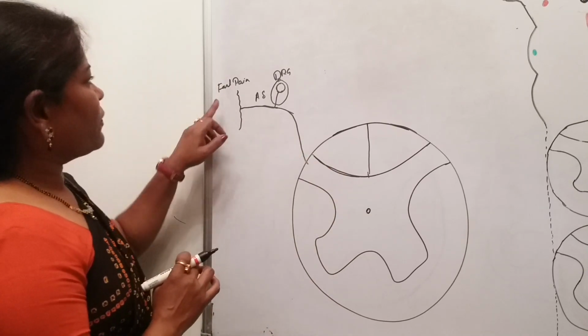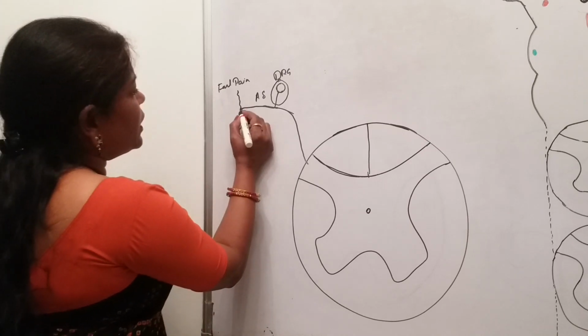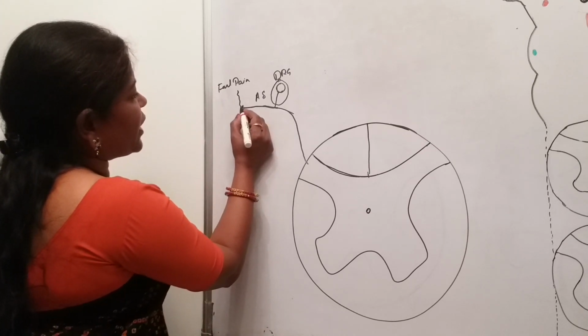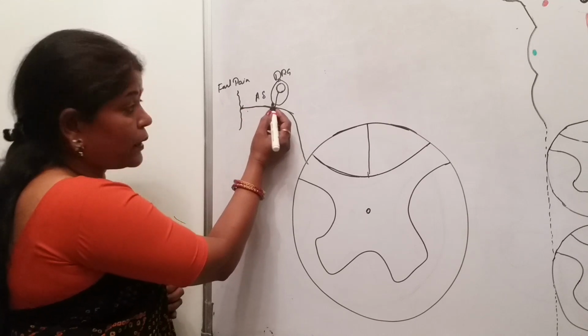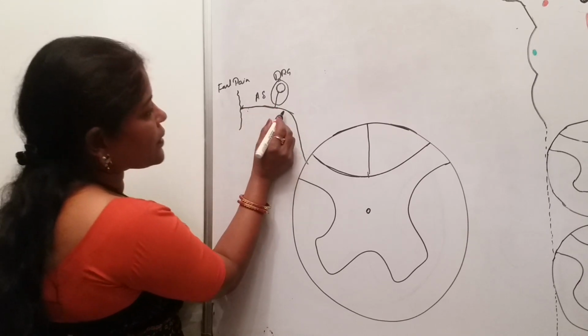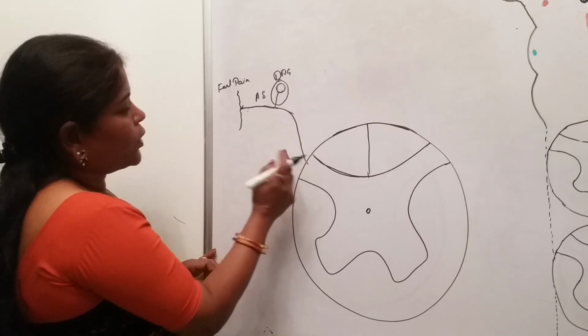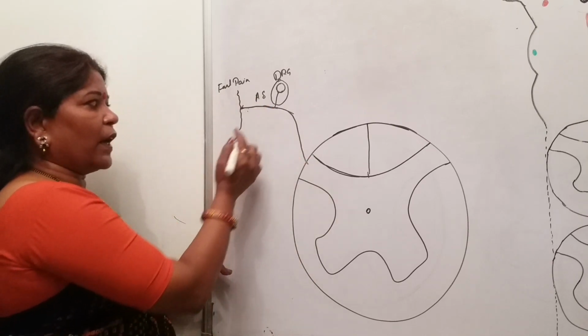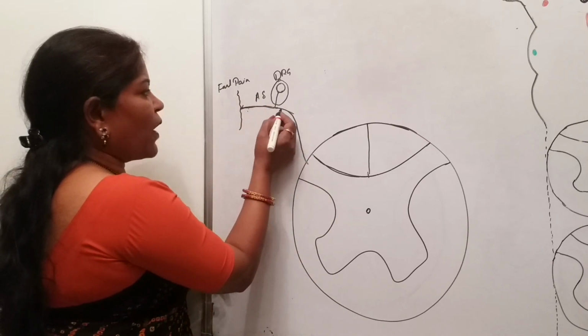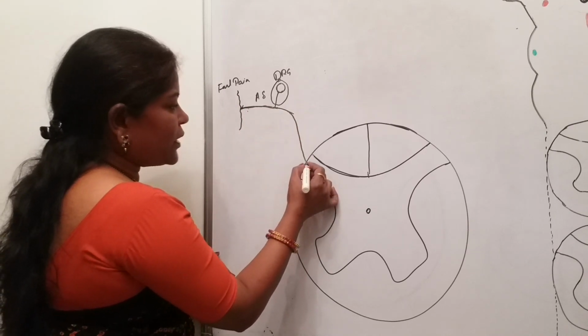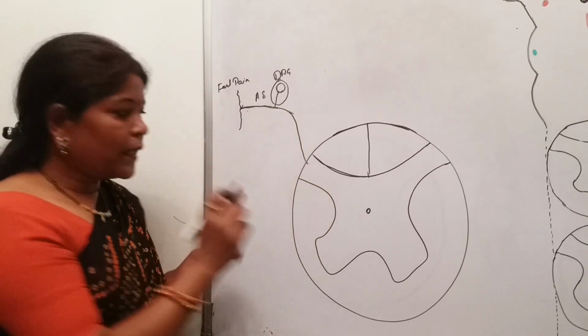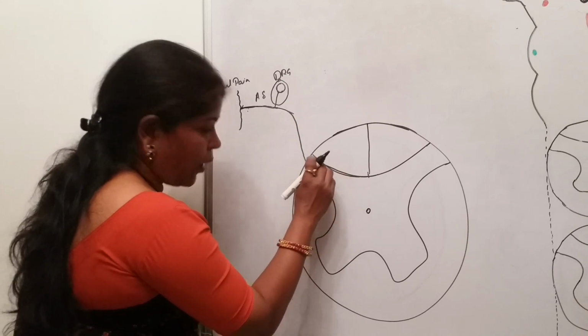For the fast pain, this is the central process of the dorsal root ganglia pseudo unipolar neuron. So the fast pain fibers bringing the fast pain sensation terminate here in the dorsal gray horn neurons.